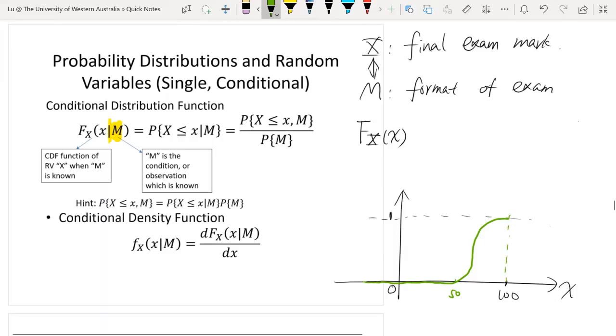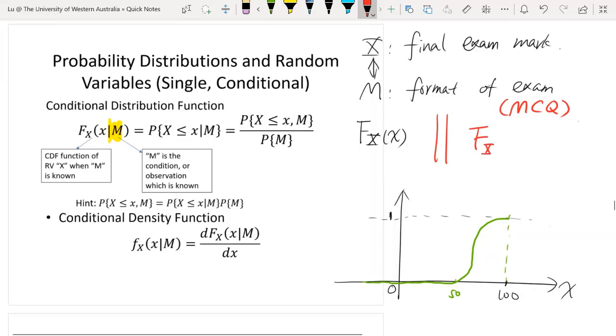But if I give you information regarding M, the format of the exam, say all multiple choice questions, maybe some students like this format, so the performance will be improved. In such a case, when you re-evaluate the performance of your final exam, you are evaluating the conditional distribution function of it.